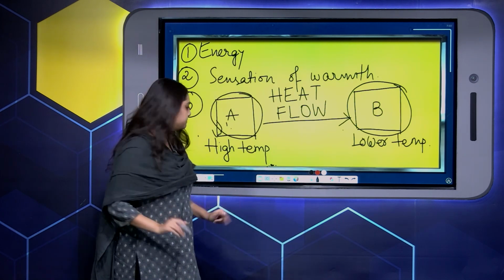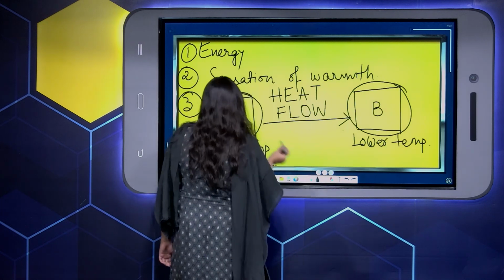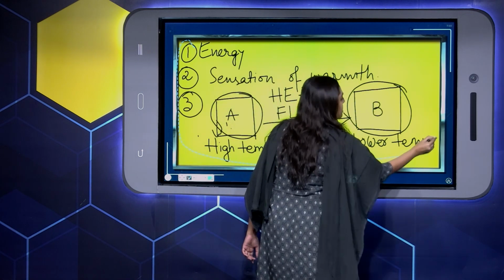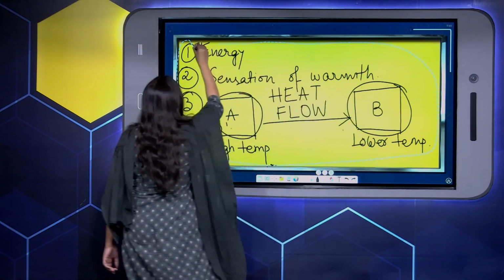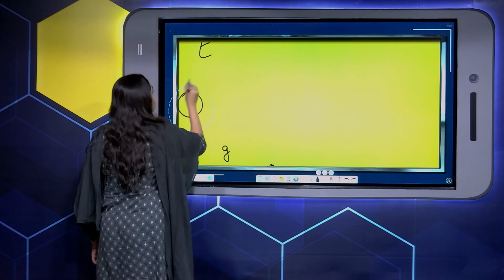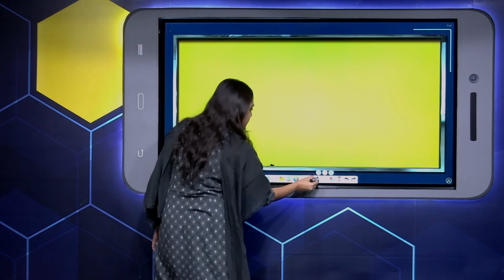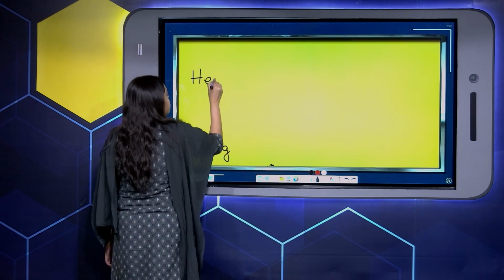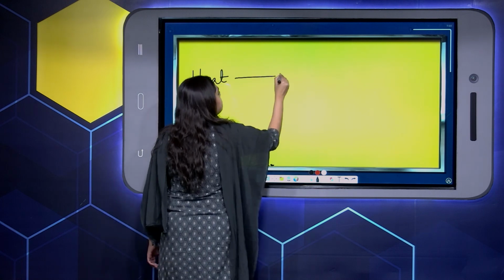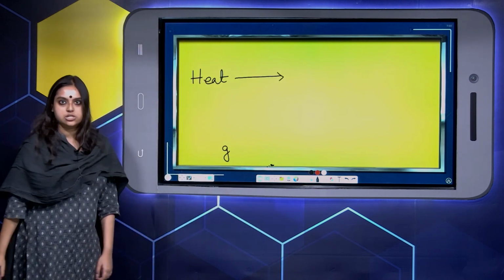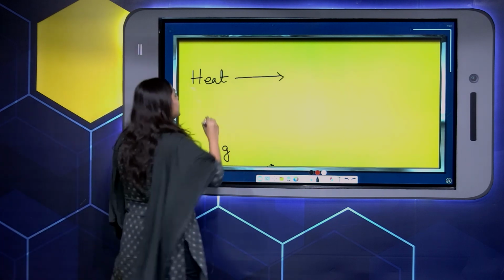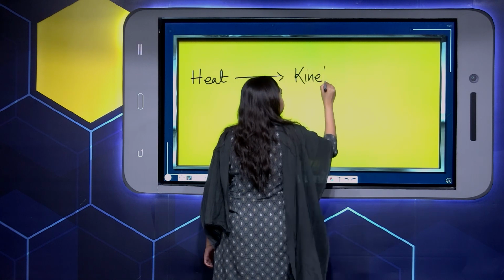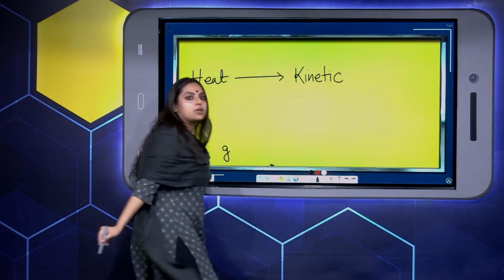This much is clear. Now, we need to know a little bit more about heat, that heat can be converted into different forms of energy, like heat can be converted to kinetic energy, right?